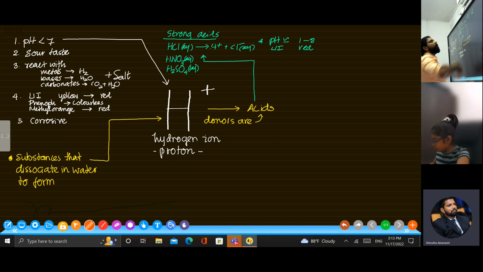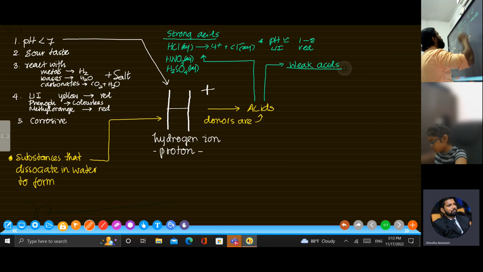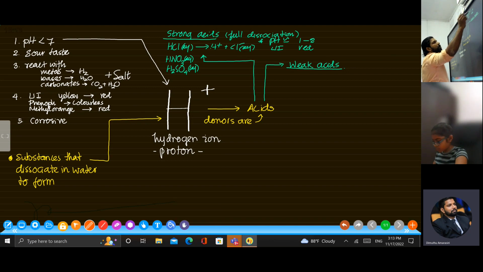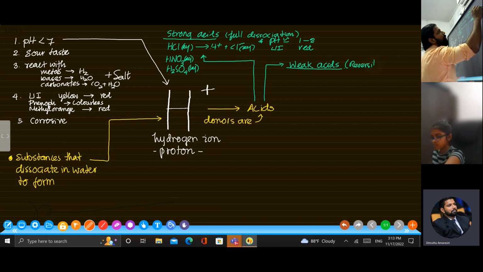Red. So that's about strong acid, which dissociates fully. And what are weak acids? Substances which dissociate partially to form H plus ions. Reversible dissociation. Okay, so let me write this here. Full dissociation, complete dissociation. And this is reversible or slight dissociation.